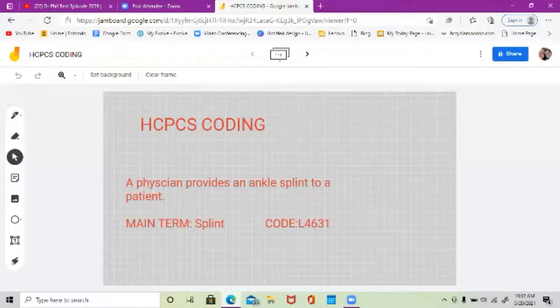So this scenario says a physician provides an ankle splint to a patient. The main term is splint, and our code is L4631. But we could have looked up ankle, and maybe it wouldn't have been under ankle. If you don't choose the right word the first time, choose another word to look up to get your code.